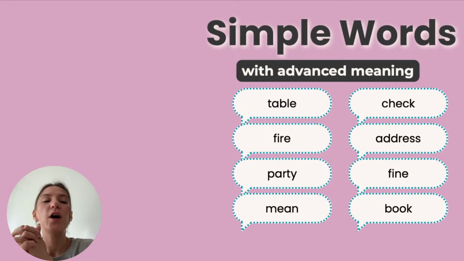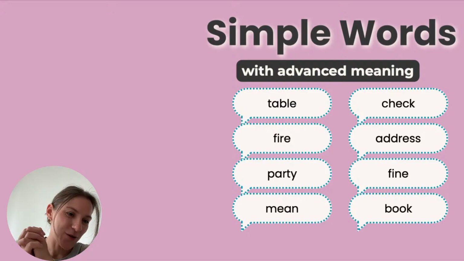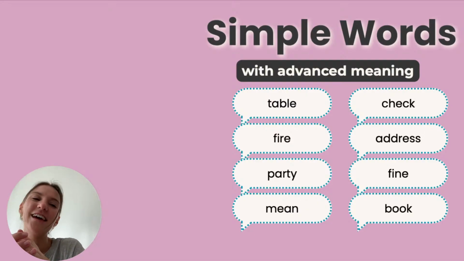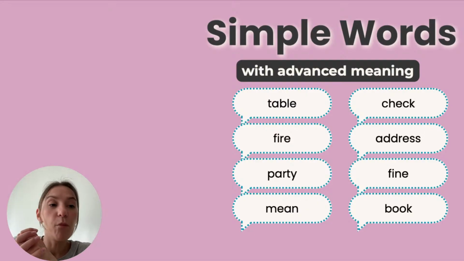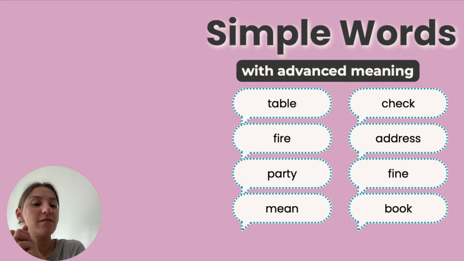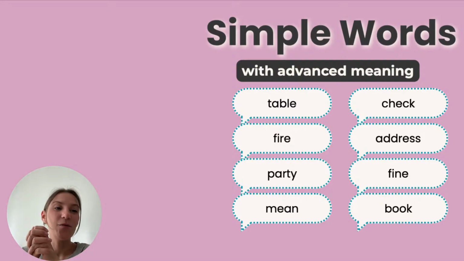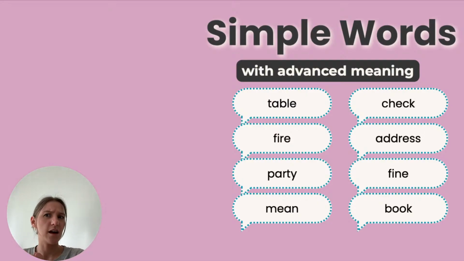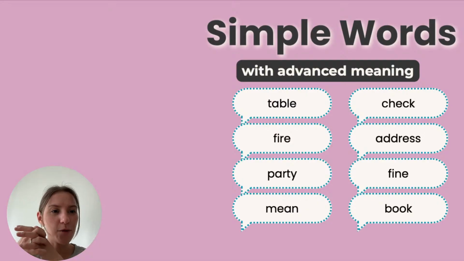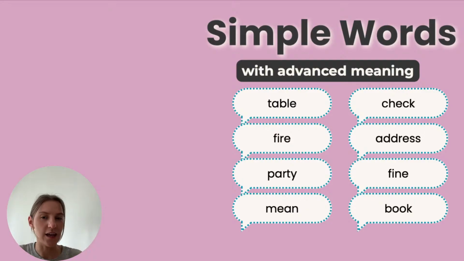Well, today we are going to unlock the secret of all native speakers. You actually don't need to learn more words, you just need to learn their meanings. As you know, in the English language, and I think in other languages as well, you do have words that can be used in more than one situation, in more than one context.